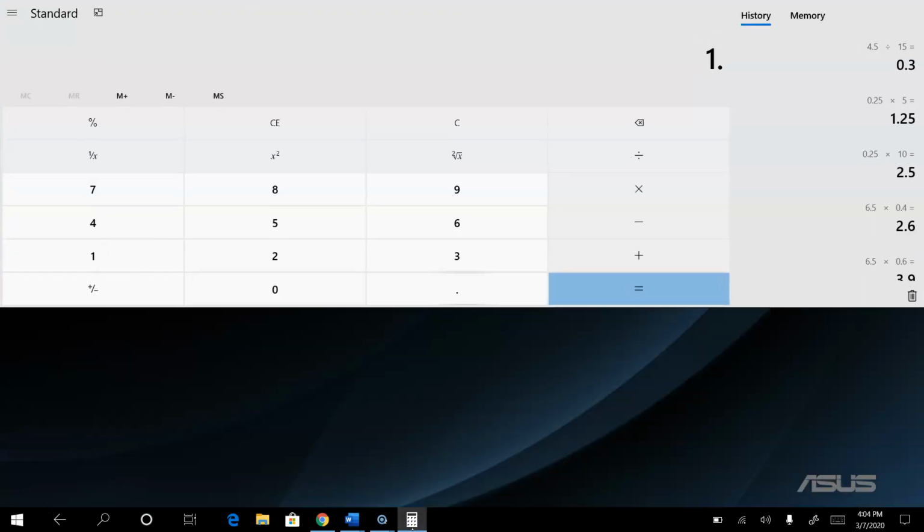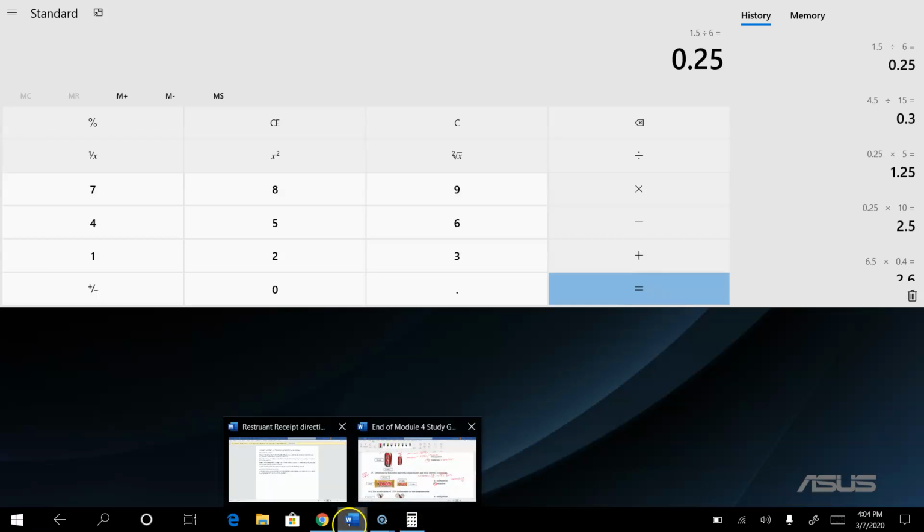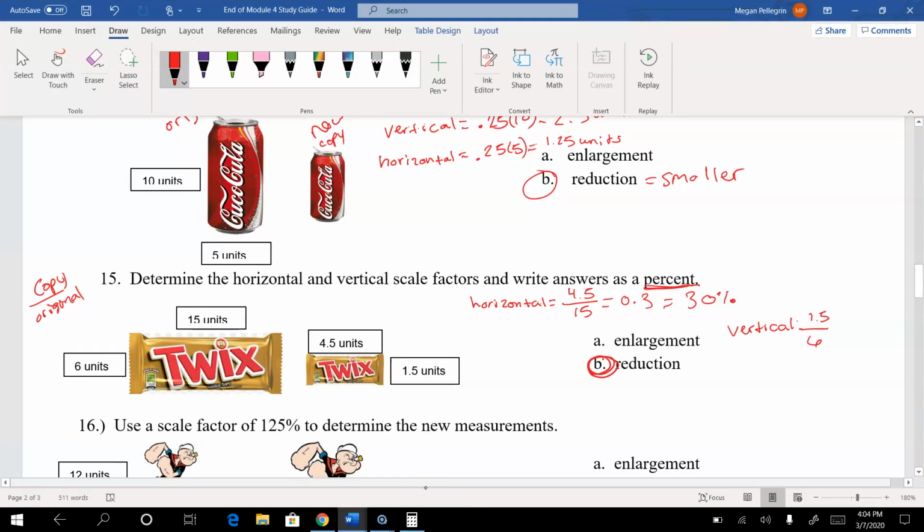So 1.5 divided by 6 gives me 0.25. And as a percent would be 25%.